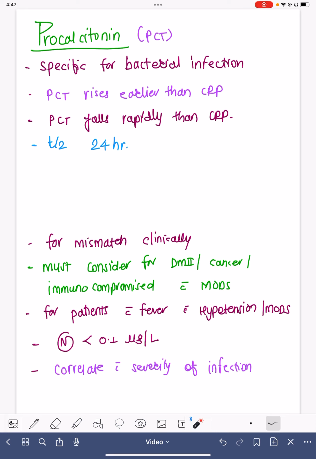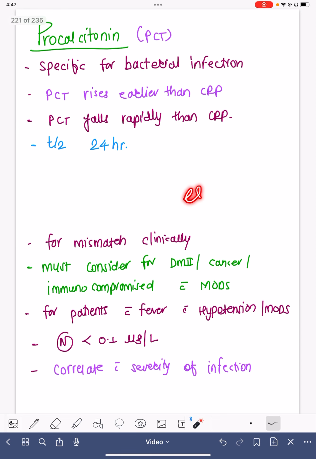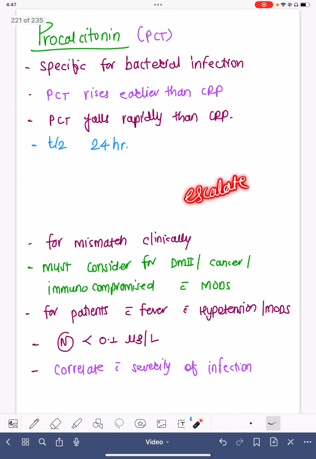They may have low oxygenation or tachycardia, or acute kidney injury, or slightly abnormal liver function tests. So in such instances, it is always better to go for procalcitonin to see whether this patient has severe bacterial infection or not, because that way we can escalate the antibiotics and the patient can be saved.